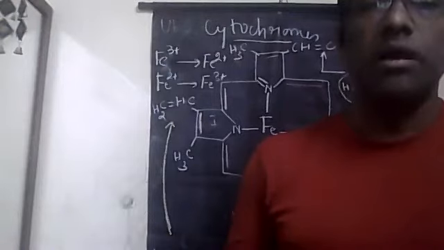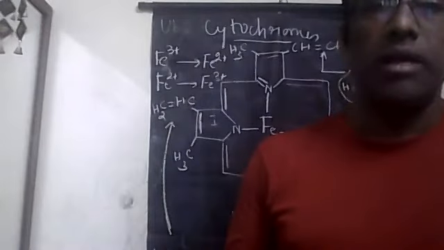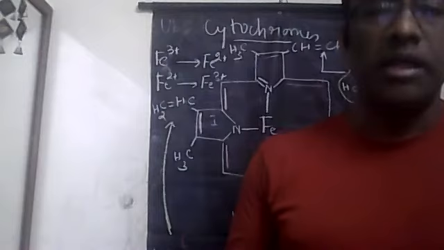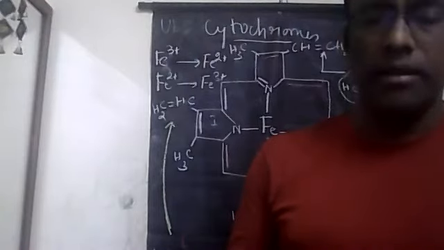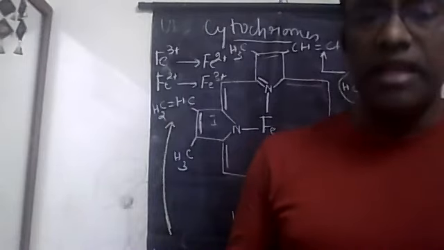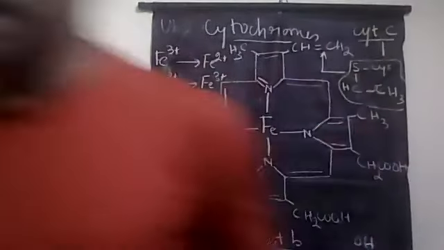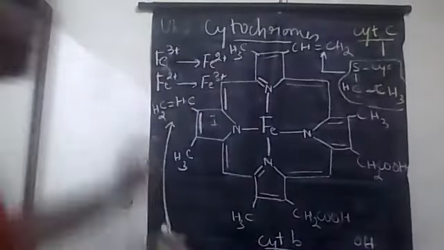Cyto means hollow vessel, and chrome means color. That's the meaning. This was studied by a scientist named David Keilin. David, D-A-V-I-D, Keilin, K-E-I-L-I-N. I'll write it here.